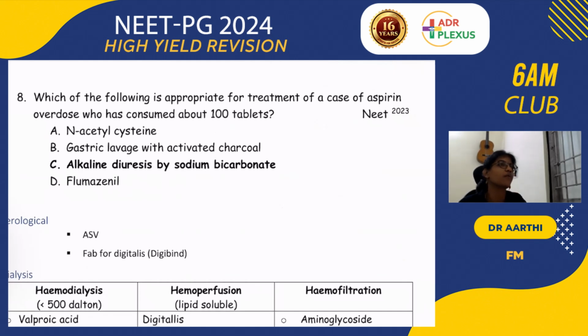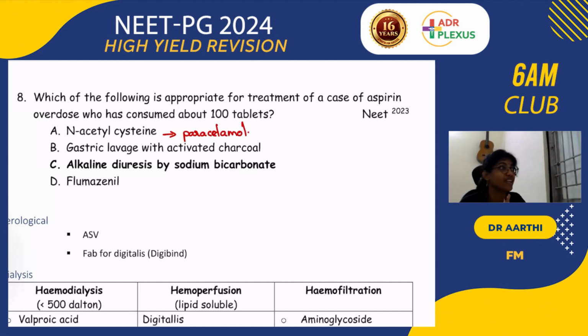Which of the following is an appropriate treatment for a case of aspirin overdose? Okay, who has consumed more than 100 tablets of it. N-acetylcysteine we have seen for paracetamol. Now, activated charcoal is very good at taking it if the poison has not been absorbed.